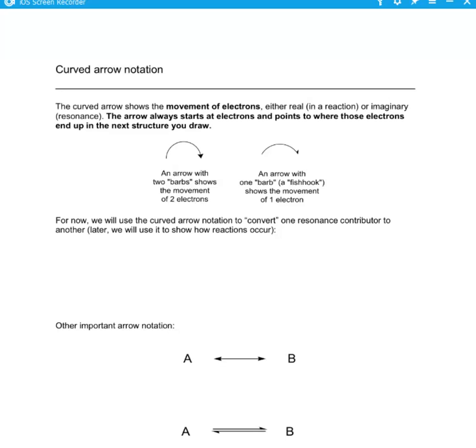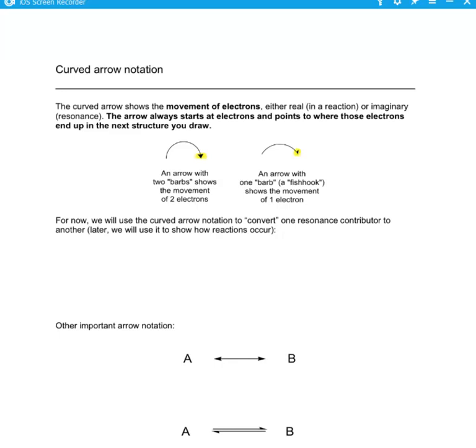The arrows that we draw are always going to start at electrons, and they're going to point to where those electrons end up in the next structure that we draw. So there's going to be two types. One of them is a typical arrow. It has two barbs at the end, and this is showing two electrons moving together as a pair. The other type of arrow that you could use has just one hook at the end, or one barb.